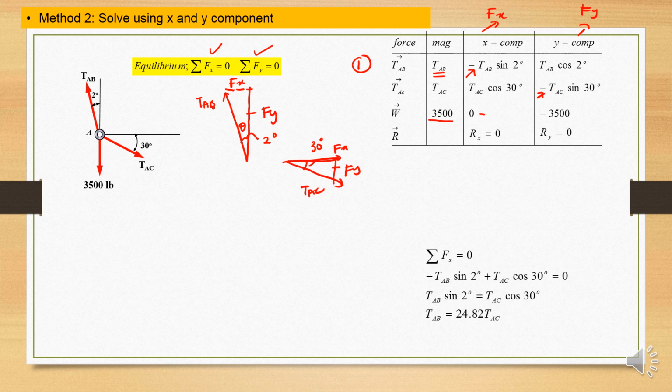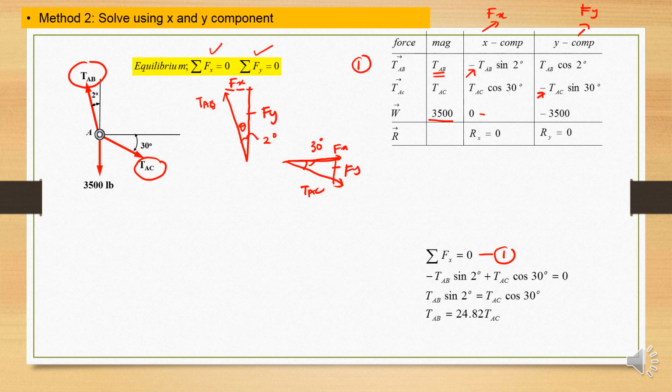Since our objective is to get the TAB and TAC values if A is in equilibrium, we know that if that point is in equilibrium, we can use this equation. The summation of Fx should be equal to 0. Look at the Fx column.